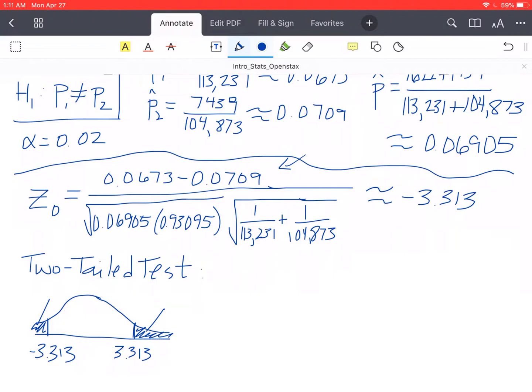Okay, so our p-value is going to be a combination of both of those areas. We could compute the areas separately and just add them, but we know that this area here is going to be the same as this area here. So all we need to do is find one of them and double it. So we're going to take 2 times the probability that z is less than negative 3.313.